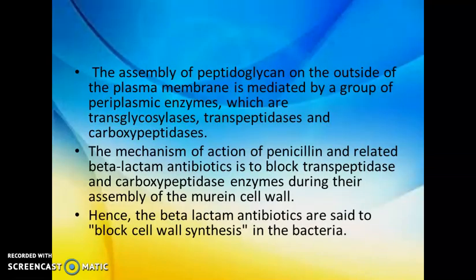Next is the peptidoglycan assembly. On the outside of the plasma membrane, it is mediated by a group of enzymes present within the periplasm. Periplasm is the area below the peptidoglycan. These enzymes, responsible for assembling the peptidoglycan onto the surface of the plasma membrane, are transglycosylases, transpeptidases and carboxypeptidases.